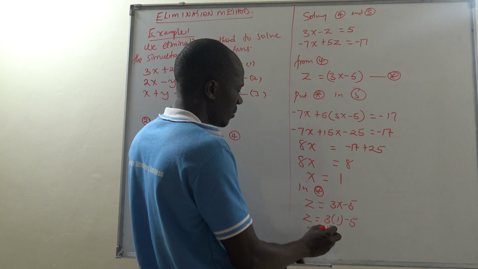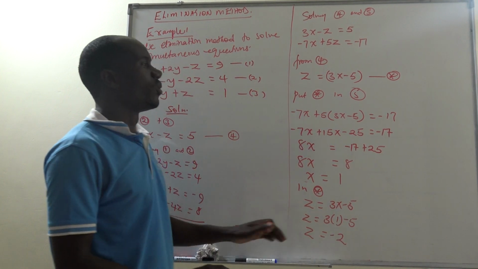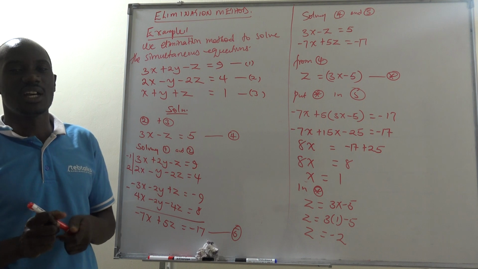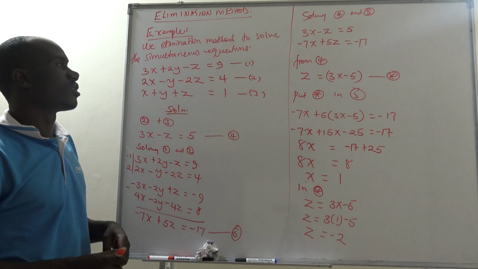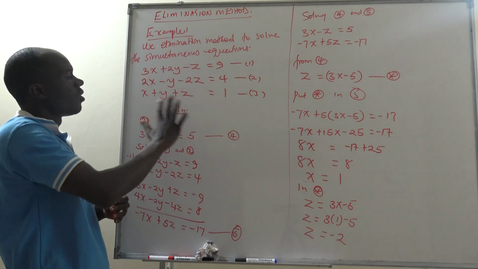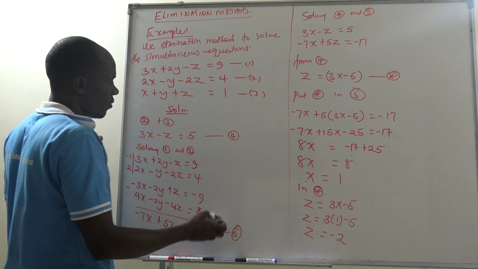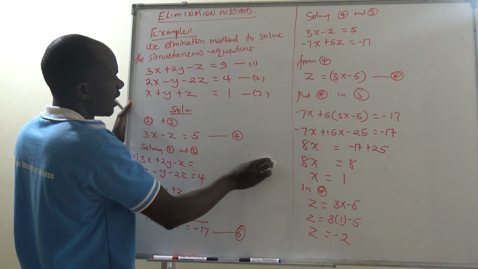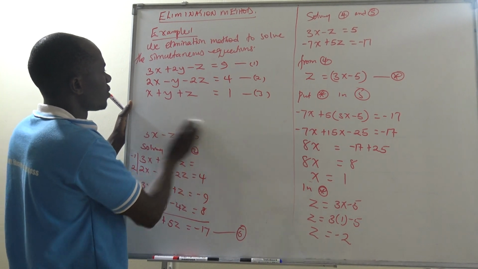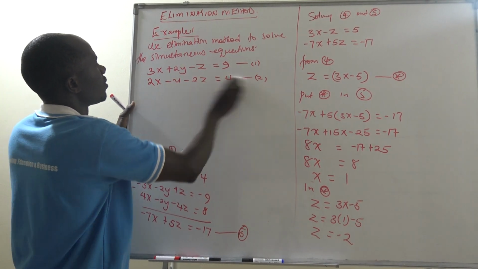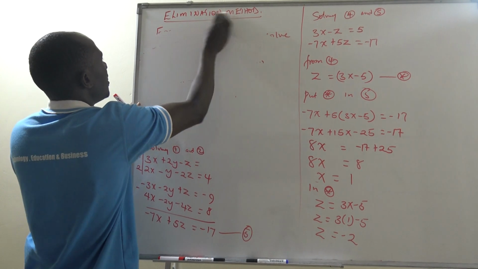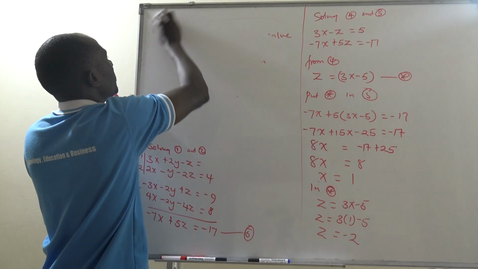So z becomes negative 2. Then you substitute in any equation of your choice to get the value of y. I can use equation 3.